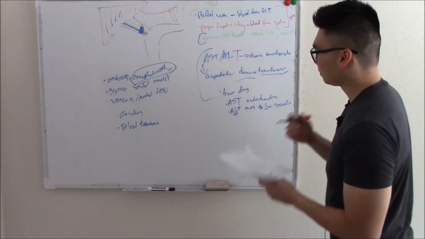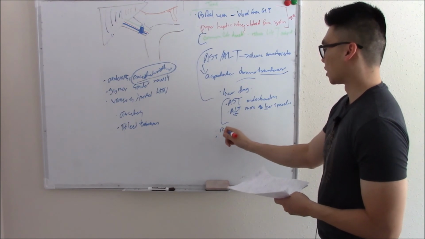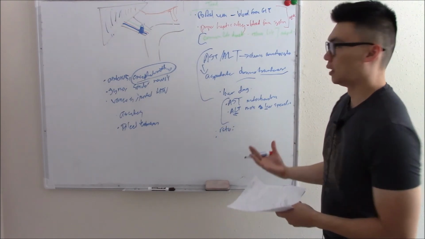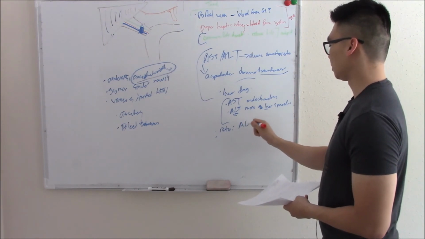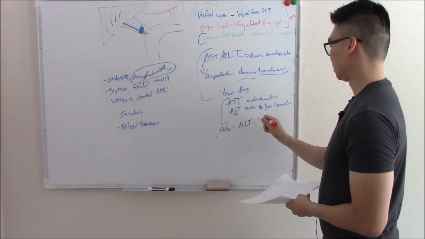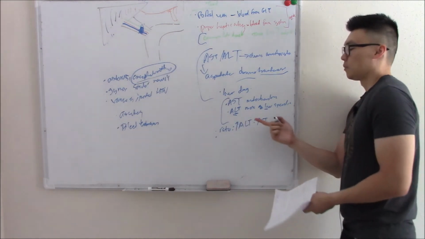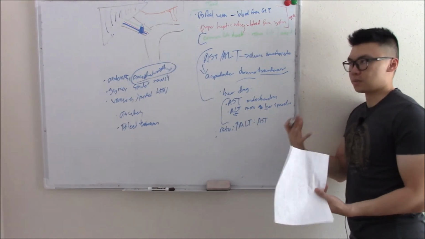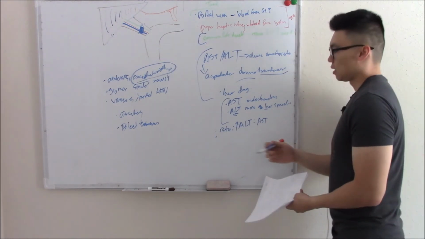Why does this matter? When you're ordering labs, you can look at the ratio. In most liver pathology, they'll both be raised, but ALT will be higher than the other, because ALT is more liver specific.